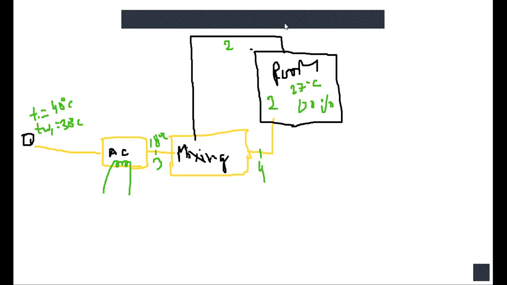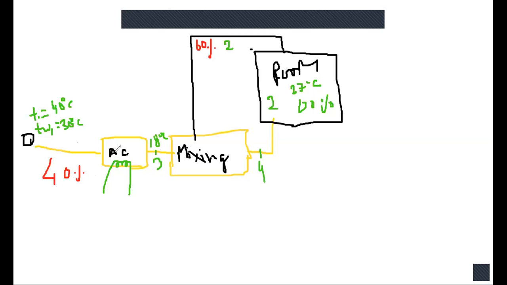Now it is told that 60% of return air is recirculated. 60% of return air or used air is recirculated and mixes with the makeup air or fresh air, whose amount is 40%, which is placed after the cooling coil.